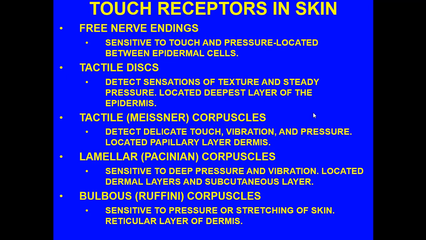The lamellar, otherwise known as Pacinian corpuscles, are sensitive to deep pressure and vibration and located in the dermal layers and subcutaneous layers. And then we finally have the Ruffini corpuscles. These are kind of bulbous looking in appearance. They're sensitive to pressure or stretching of the skin, and you would find them in the reticular layer of the dermis.